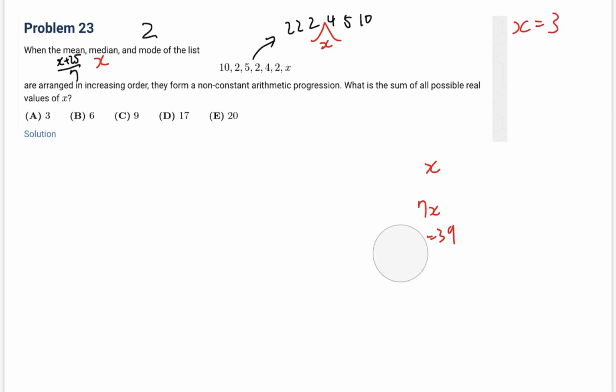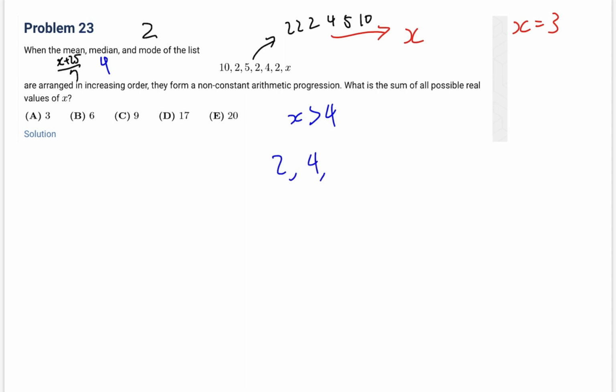And for the other possibility, if x is not here, but somewhere here, that means x is greater than 4, so the median will be 4. So it's 2, 4, x plus 25 over 7, right?